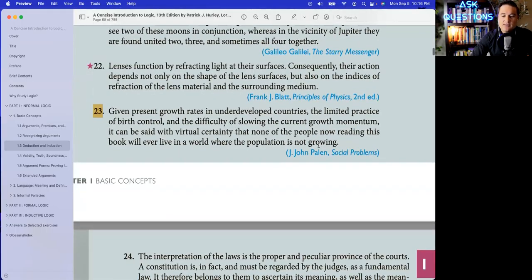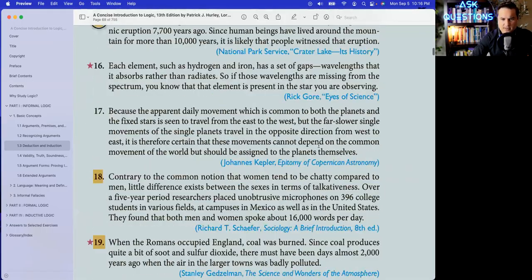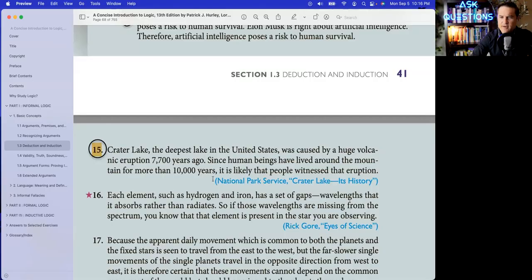All right. Again, so how do you tell? What's the test? Well, just ask yourself, if I grant these premises, does it guarantee the conclusion, or does it make it likely but not 100%? So assume that Crater Lake is the deepest lake in the United States.